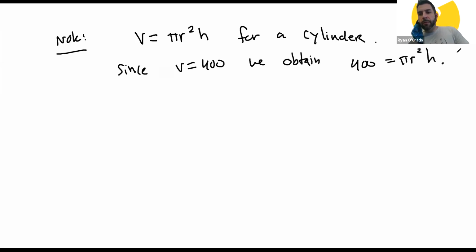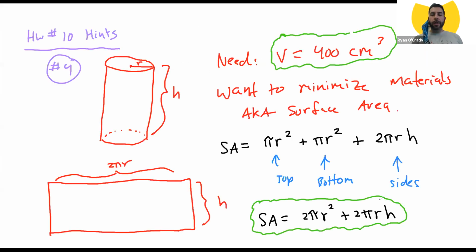So we have to figure out, do we want to solve this for h or do we want to solve it for r squared or r? If I go back and look at this creature, I have two options. I can replace r in terms of h, or I can replace h in terms of r.